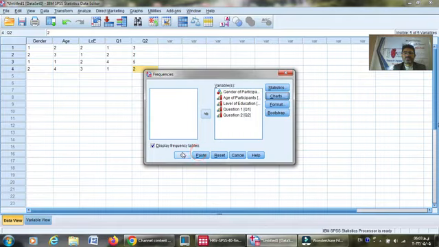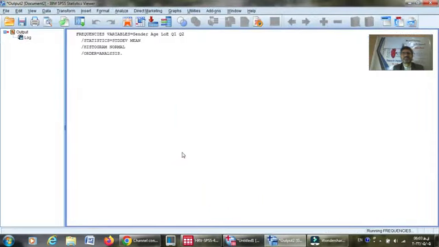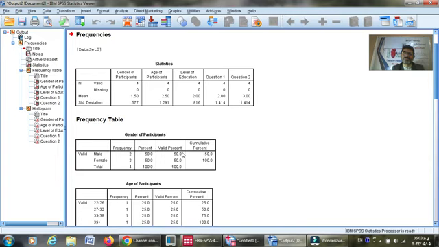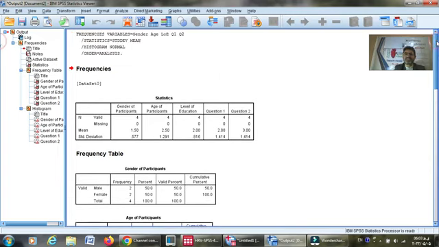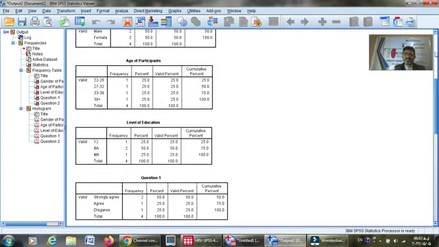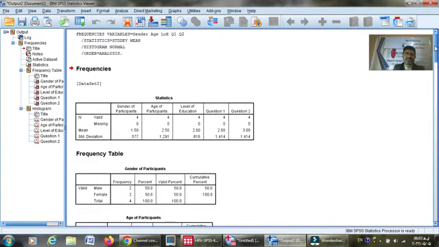Then we go to continue, and now we have results, and we have to be careful of that. We cannot have results just by entering variables. Here we have results for this section. Okay, then frequencies, valid, missing, mean, standard deviation.